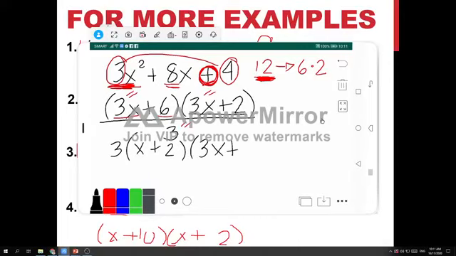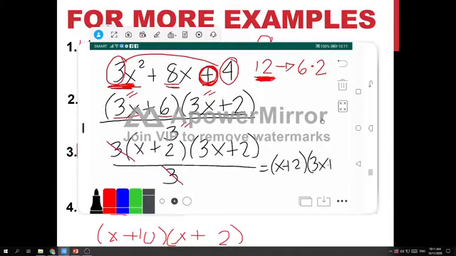Bring that down. Over 3. Now you have noticed that you can cancel 3. So our answer is simply x plus 2, 3x plus 2. And there you have it. These are your factors. Let's have one more example.